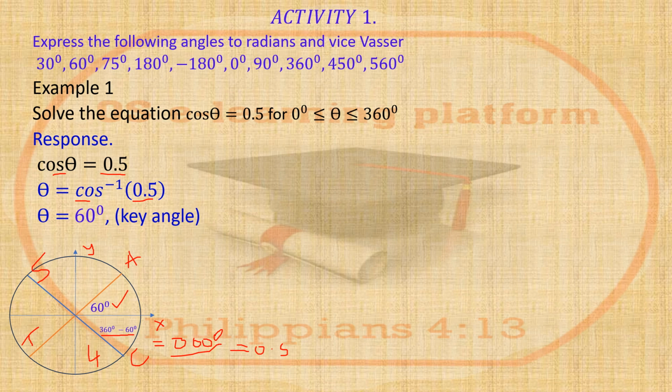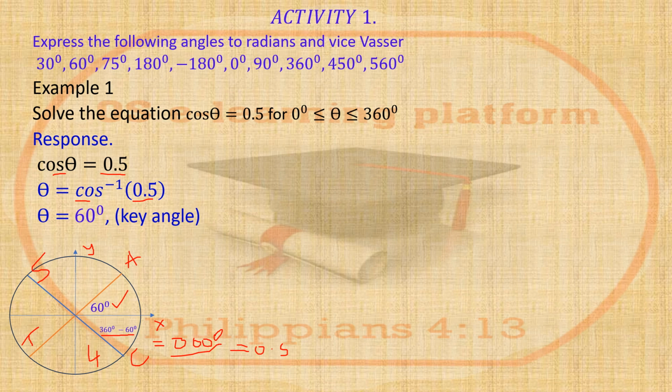After you've solved the values of theta, the values of x, if the trigonometric equation is in terms of x, try now to press the cos of that angle you've got. If it gives you the original thing you have as 0.5, then that angle qualifies to be a solution set. Please give yourself time to press the calc and confirm your responses.